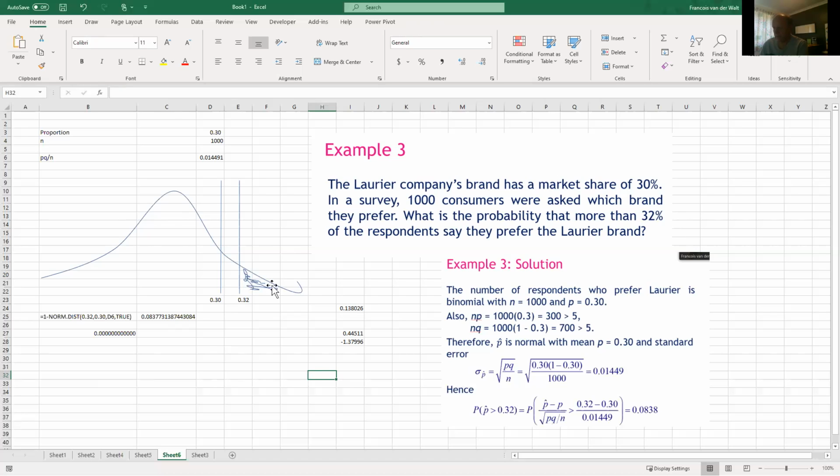In our formula, we need to put 1 minus norm distribution, 0.32 as the X, 0.3 as the mean, D6, which is this value here, because we estimate the standard error, or in other words, the standard deviation, as the square root of P times Q divided by N, and Q is 1 minus P.